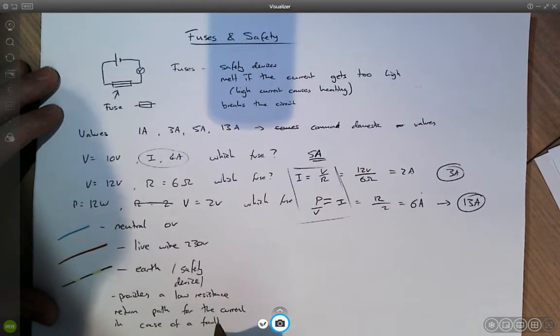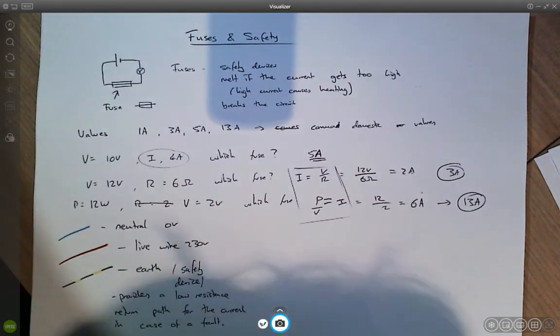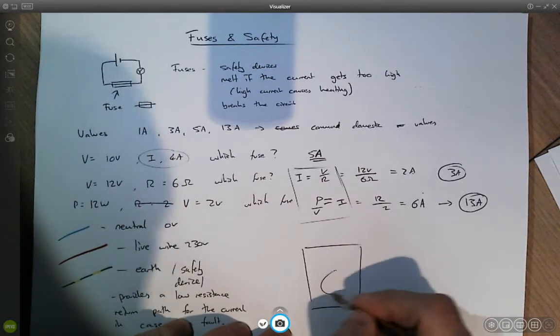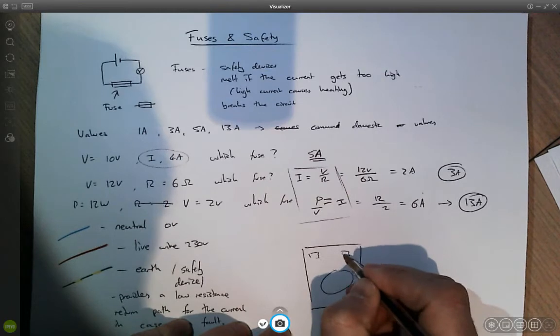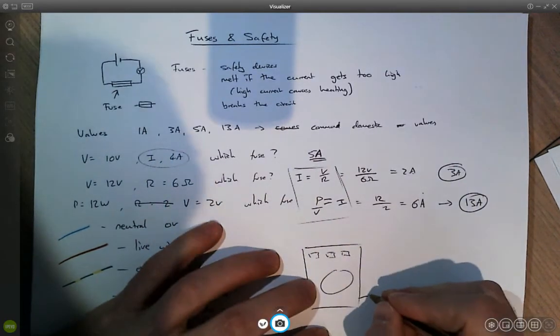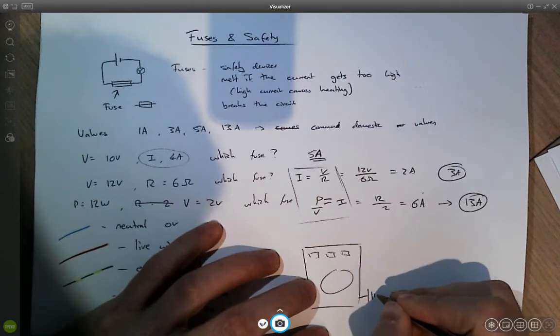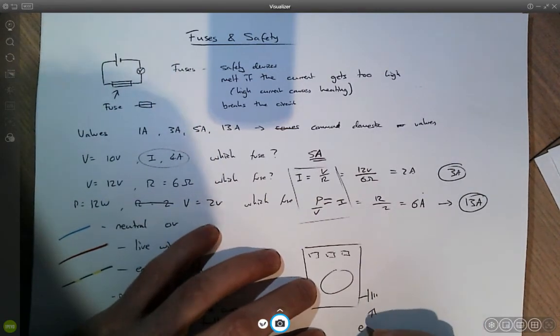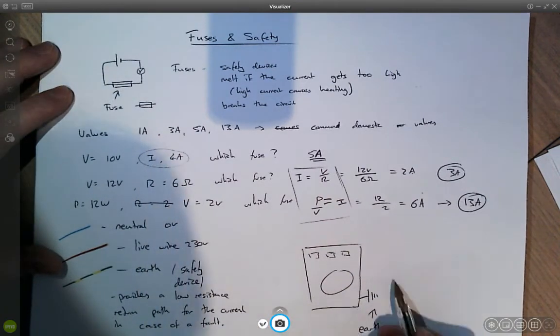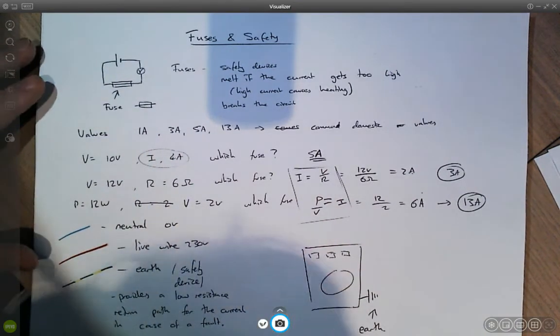So what does this mean, and how is it typically shown? So typically you'll have some appliance, maybe we've got a washing machine, and the washing machine will be earthed. So this is the earth symbol, which is not really something students need to know, but it's worth showing them because it's a life skill as much as anything.